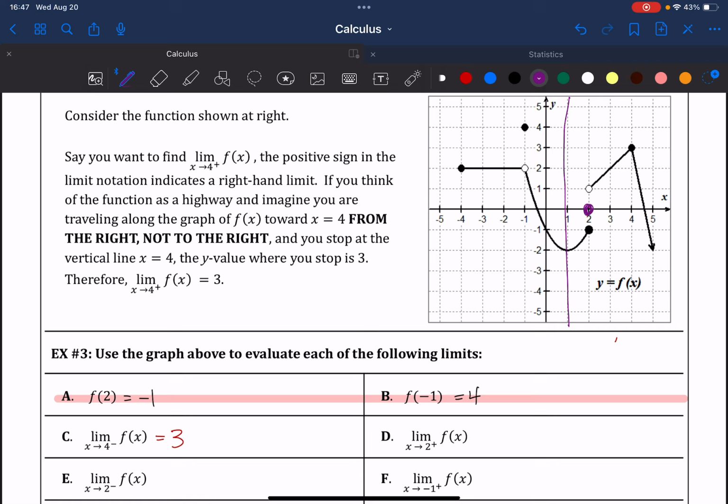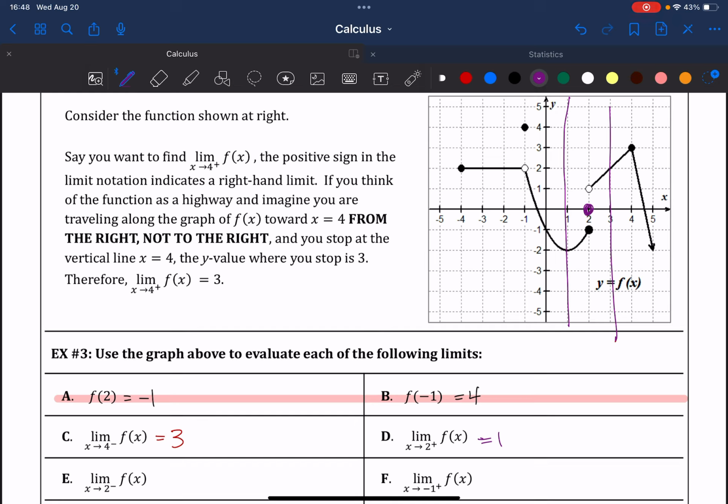Okay, so here's my interval around 2, and I'm only looking at the right side. Okay, so the right side is just this function within that little interval. Notice that as it's getting closer and closer to 2, it looks like it's stopping around the y value of 1. So the limit as x approaches 2 from the right would be 1.